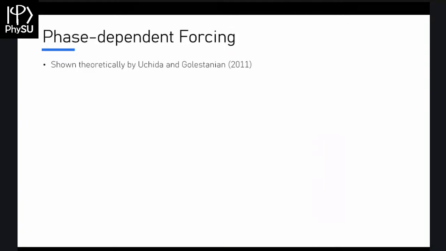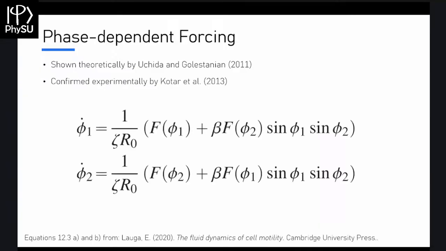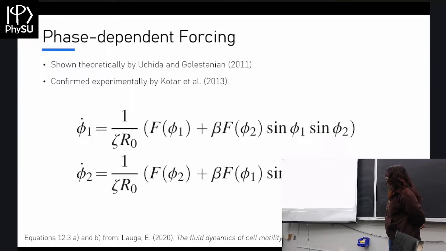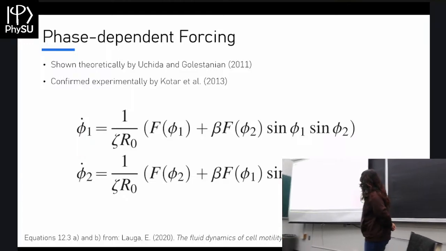It was theoretically shown by Uchida, and I'm not saying the names right probably, that phase dependent things can happen, shown experimentally later, and these are the equations for it. I don't know how much to go over the math of it, but essentially, if you just look at it, you know that.